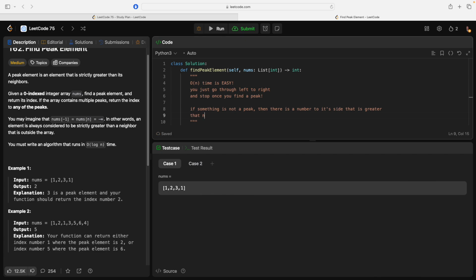That direction must eventually go back down because of the edges.